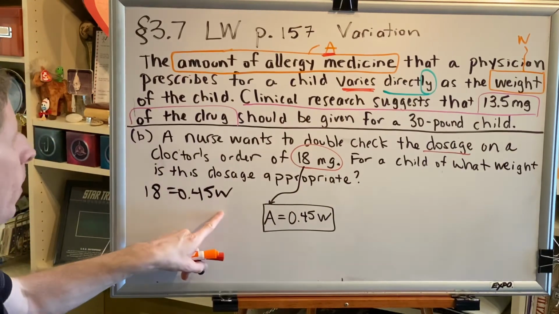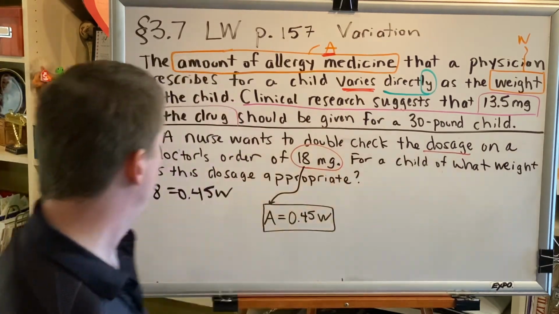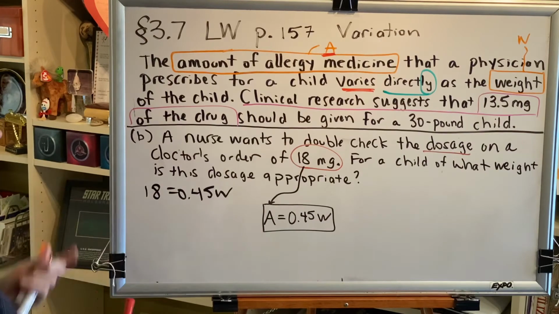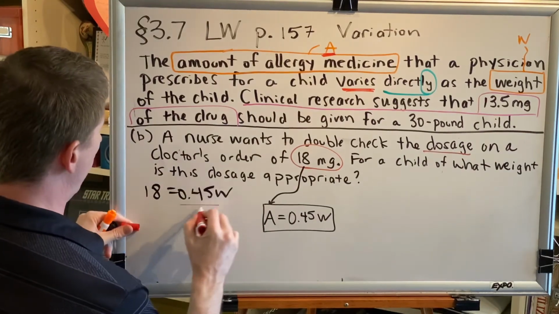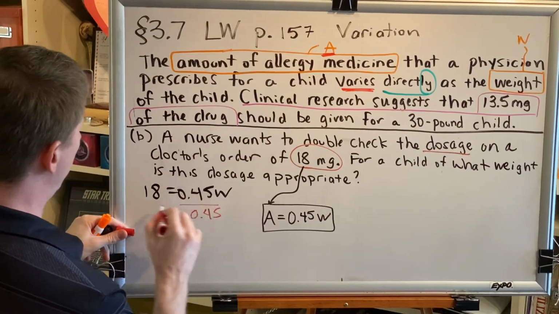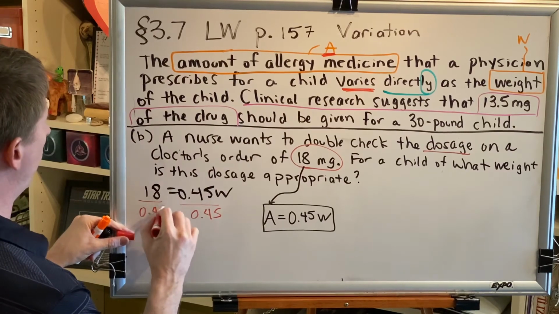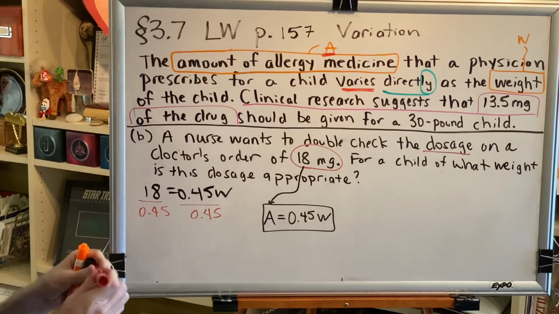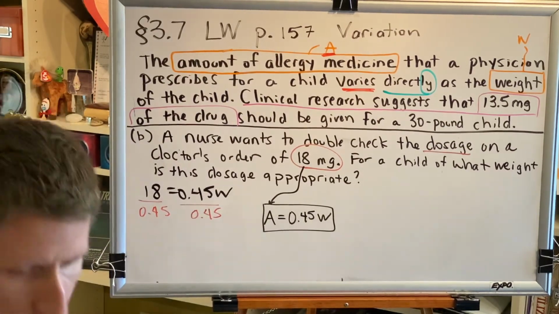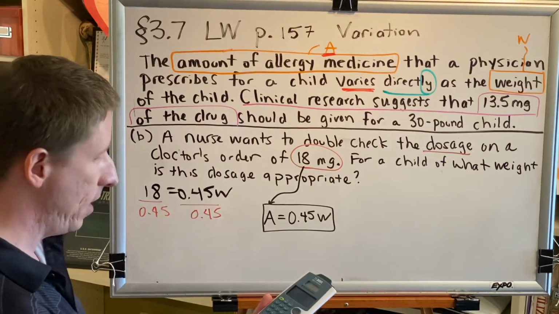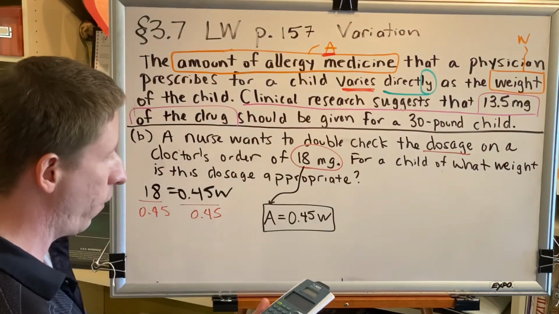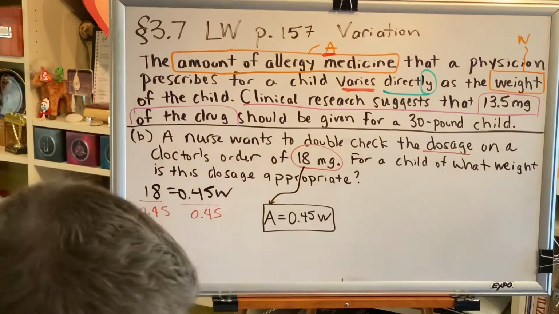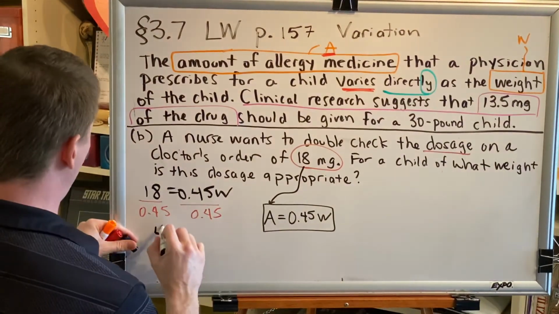Now we can solve for W, which will tell us the weight of the child. All right, so we'll divide by 0.45 on both sides. Again, notice that I'm dividing by the number on the right because that's the number next to the variable. All right, 18 divided by 0.45 is 40. So 40 equals W.